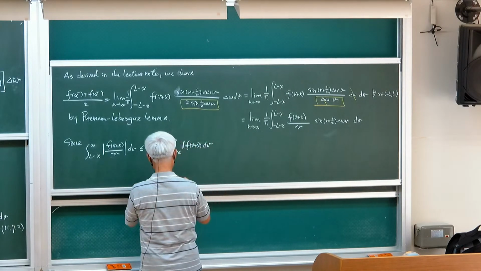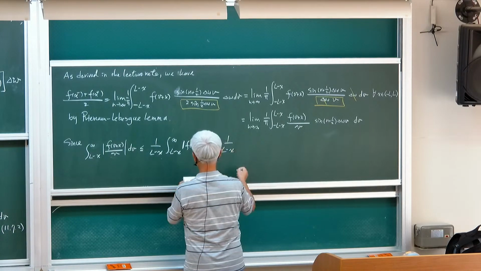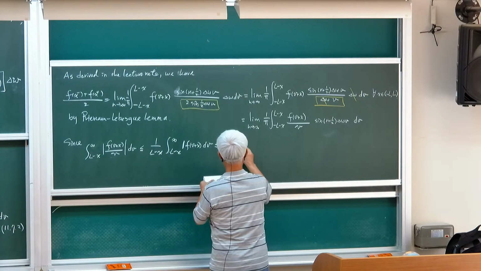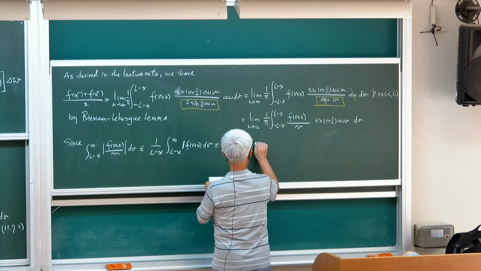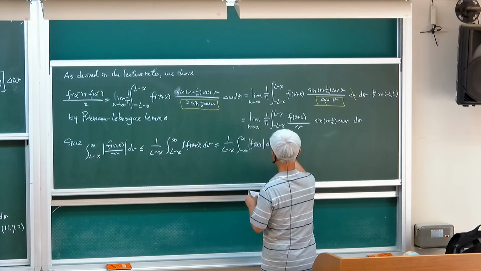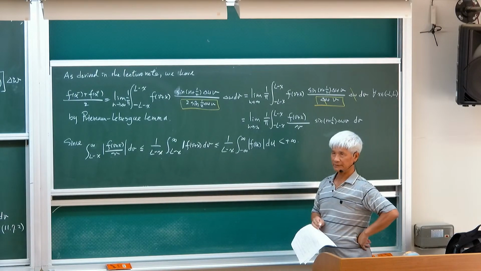dV here, and this is equal to x. Okay, and this is finite, by this estimation.